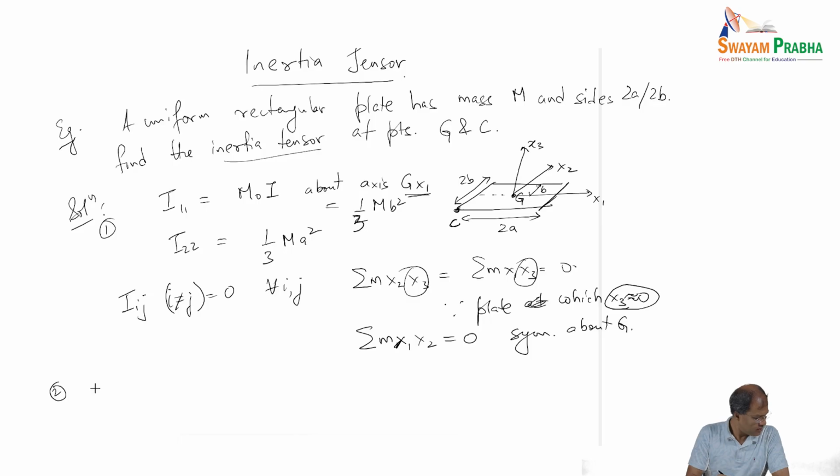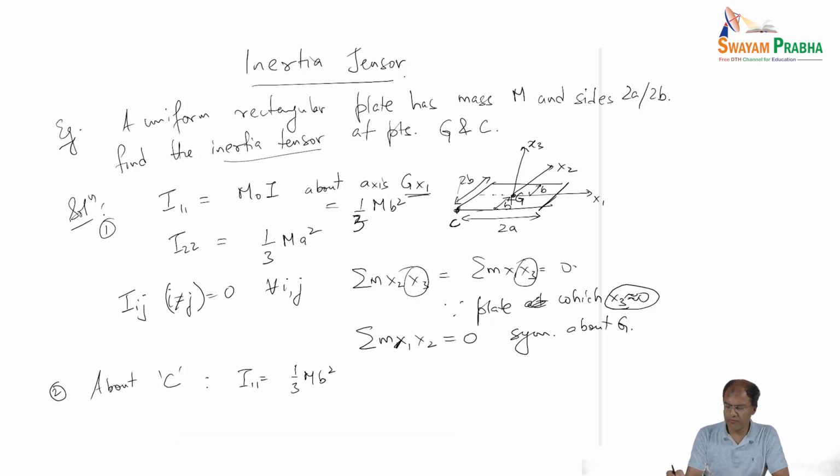Now about the second point C. About C, I11 will be 1/3 mb square plus an additional distance b. So we use our parallel axis theorem.